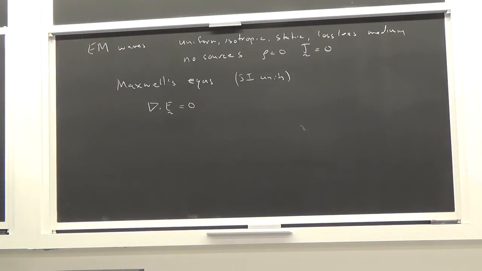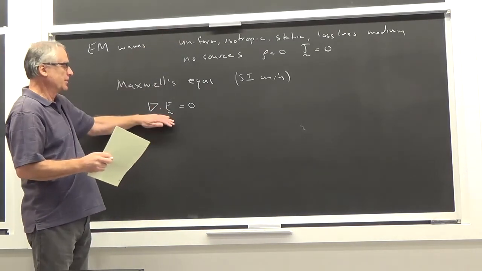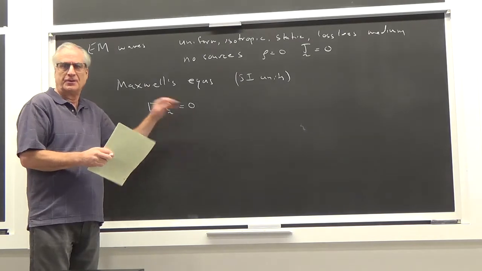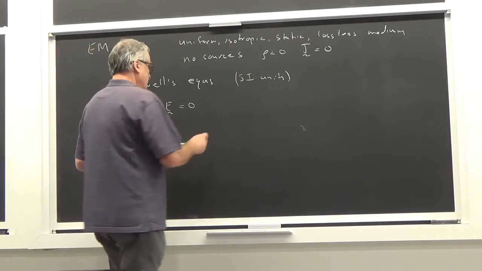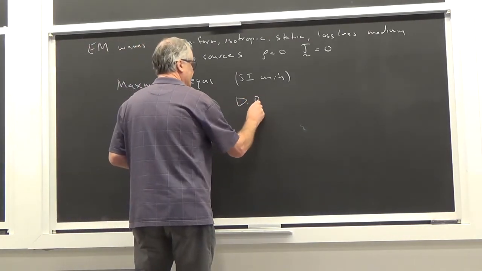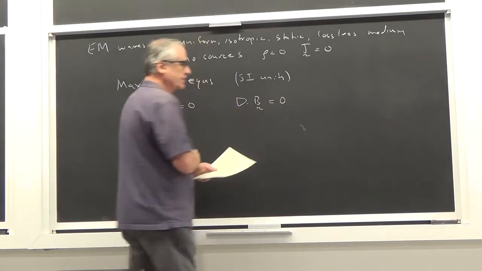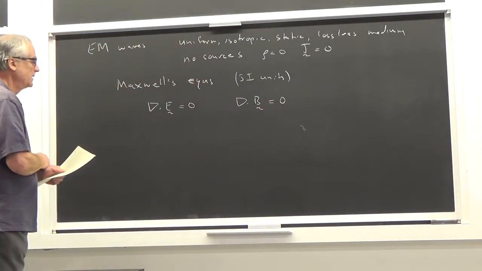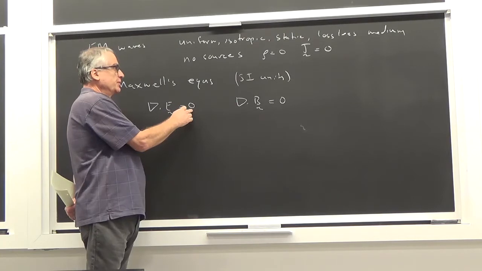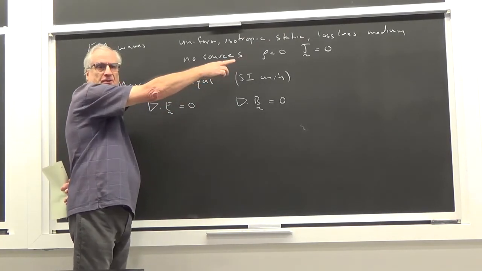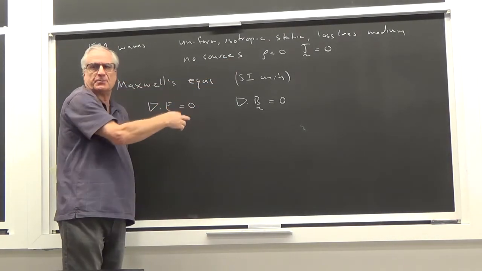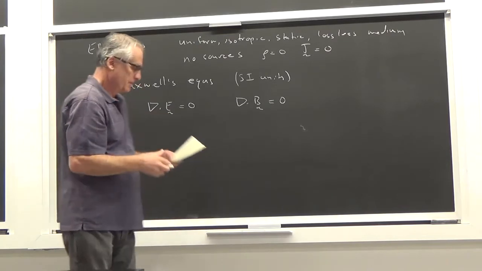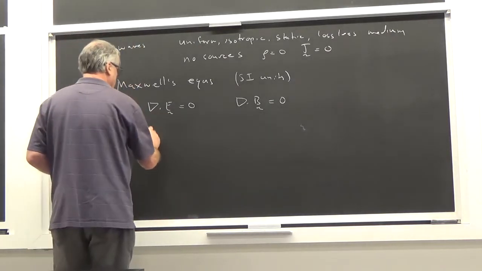I wrote down del dot D equals 0 before, but with these assumptions I could just use E here and del dot E is equal to 0. Divergence of the magnetic field is equal to 0. Of course, del dot E is equal to 0 just because I said rho is equal to 0. I mean, if there were some charges around, I'd have to put a rho over here. But I'm assuming there's no charges.